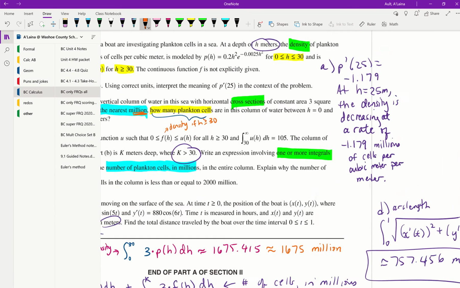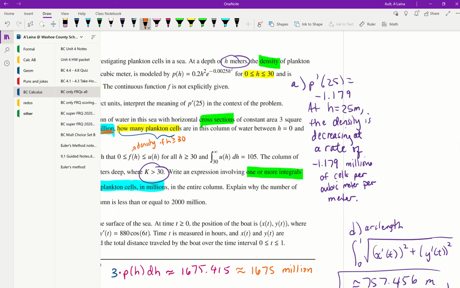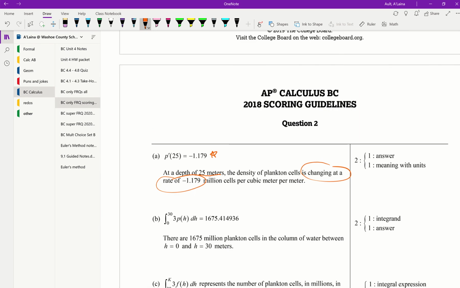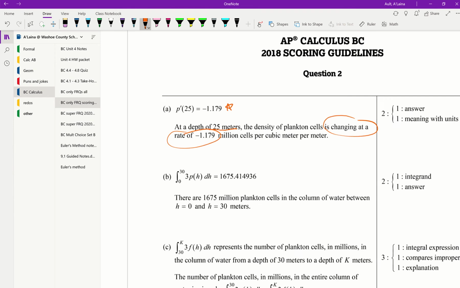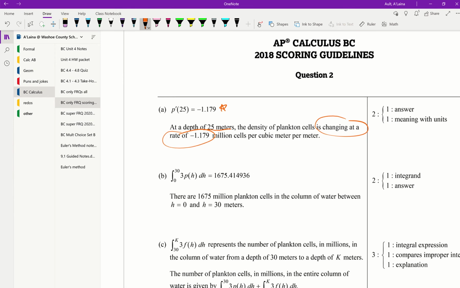Oh, I did put the negative. Okay, I would have missed this actually. If I use the word decreasing, I can't use that negative. If it's decreasing at a negative rate, it's really increasing. So this would need to be decreasing with a positive here, or I could put changing at a rate of and kept the negative, which some students prefer to do because then they don't do what I just did and miss that problem. So I would have missed the problem for the meaning. And then millions of cells per cubic meter per meter. So I only got 1 out of 2.